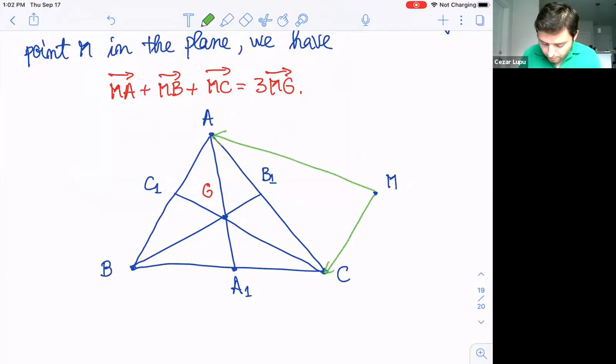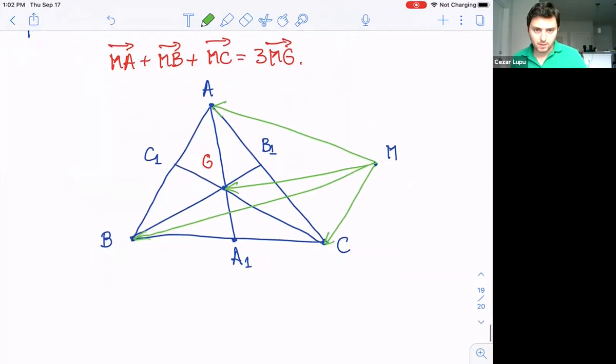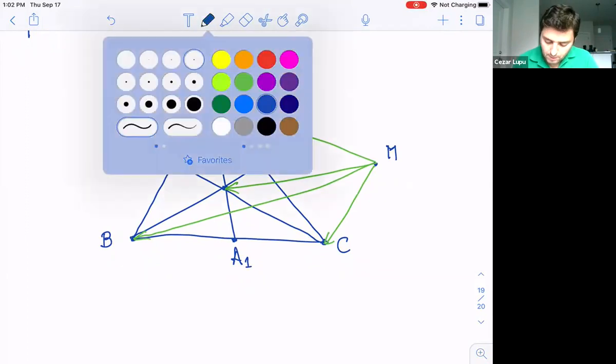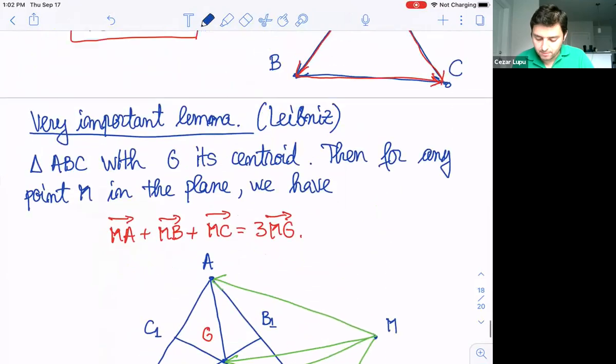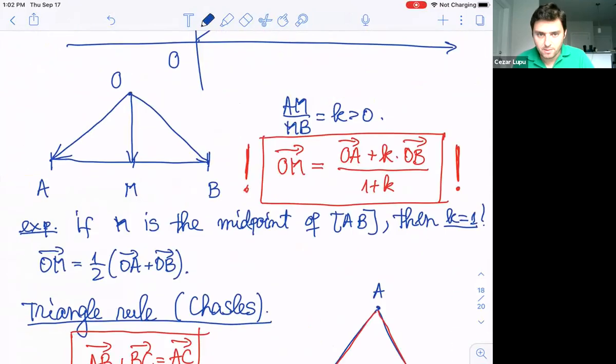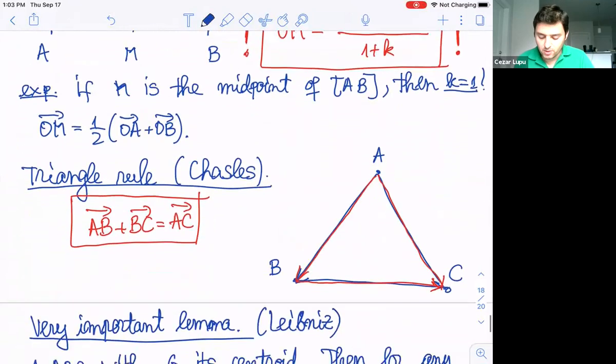This guy here, and also this guy here, in terms of this guy here. You see? Look at this picture. Well, this will follow easily if we apply this lemma. And let me show you how we're going to apply.